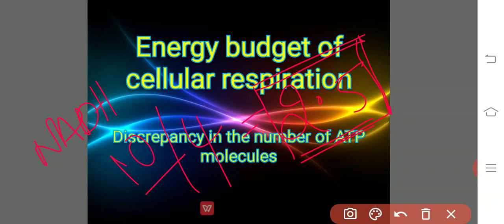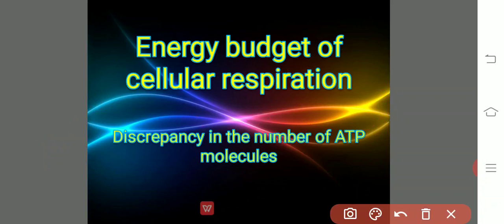Now if FADH2 is the electron donor, 6 protons are pumped from the matrix to the intermembrane space, right? Then for 1 ATP 4 protons are needed, so it is 6 by 4, which becomes 1.5 instead of the previous 2.